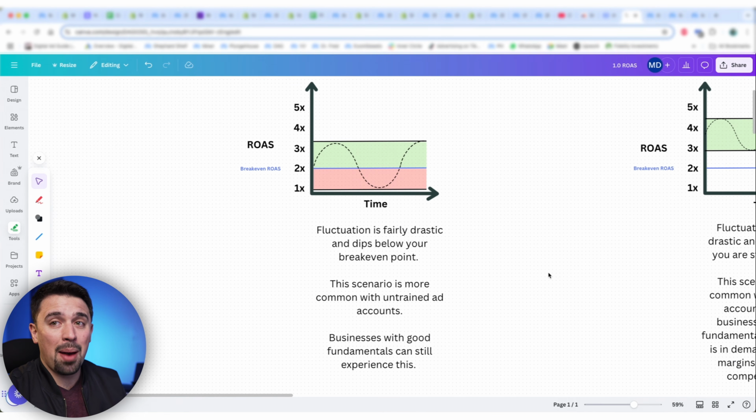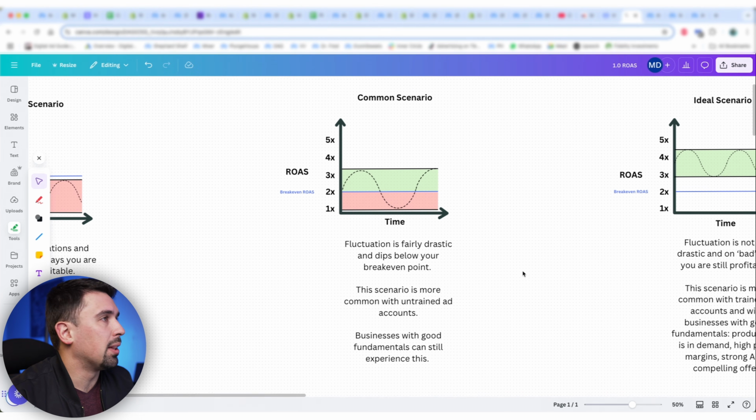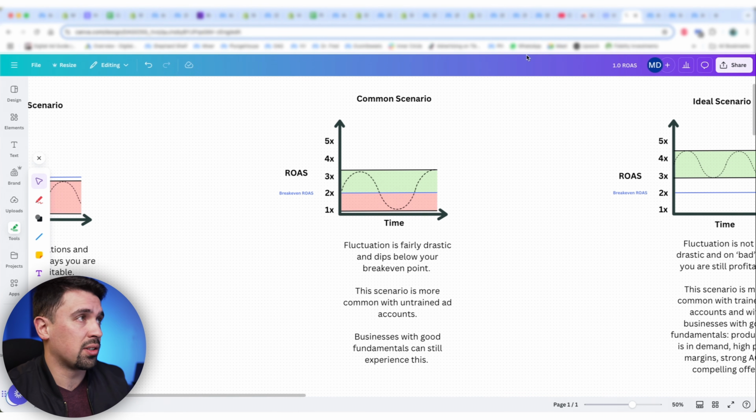But this can also happen with businesses with good fundamentals, okay? It's really just a matter of conversion data here. But there's always room for improvement, right? We can always improve our AOV, we can always improve our conversion rate, we can always try new creatives, new offers, so we're gonna talk about how to improve these things. But let me show you in a real ad account what this looks like, okay?